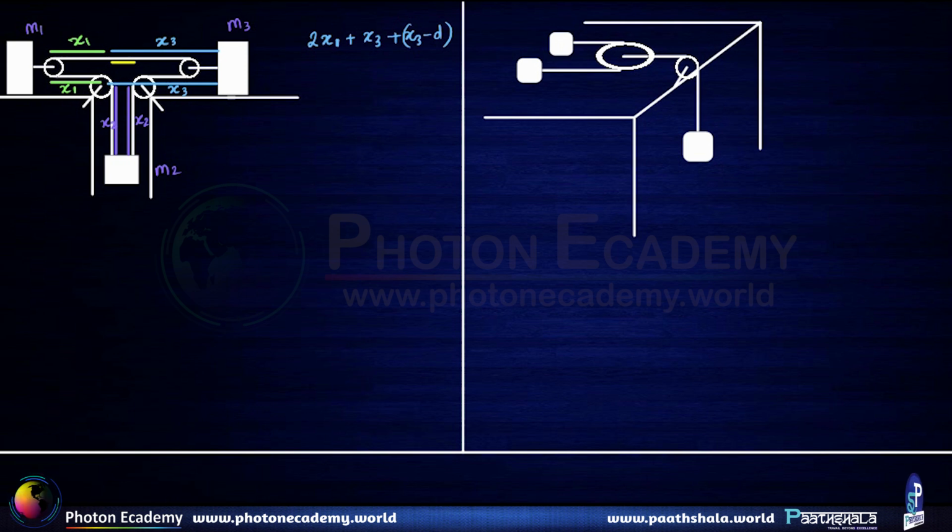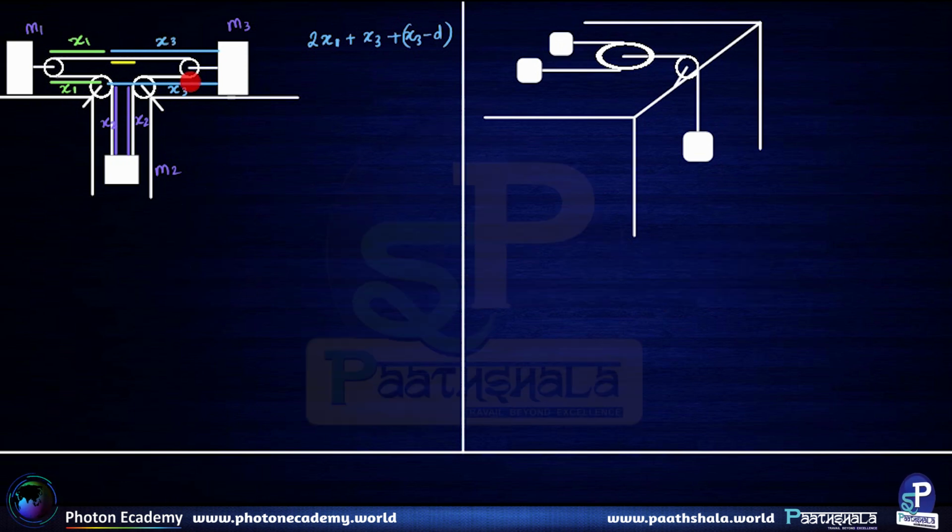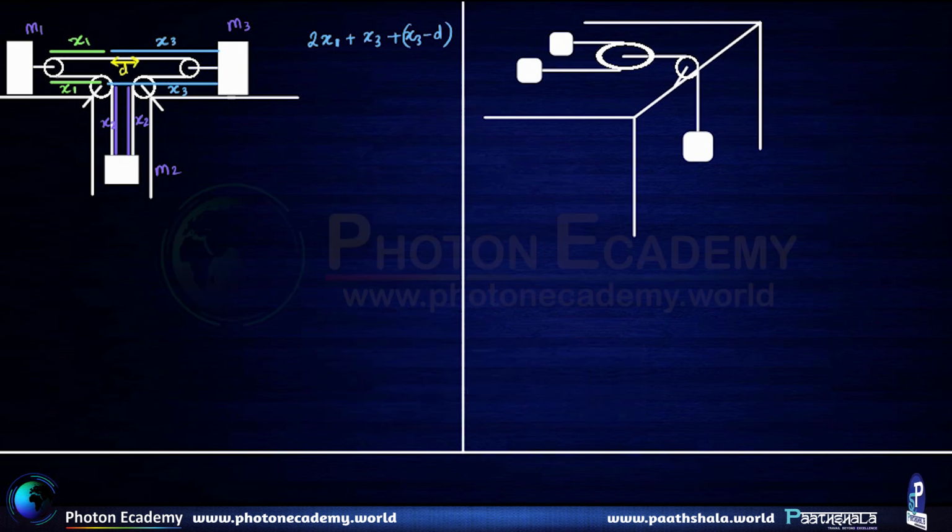So how come this has happened? So this is x3, this whole thing is x3, this whole thing is x3. So this much part of the length of the string is x3 minus d, wherein d is this small length, the length of the string between the two pulleys, that happens to be constant in this particular case, plus 2x2.